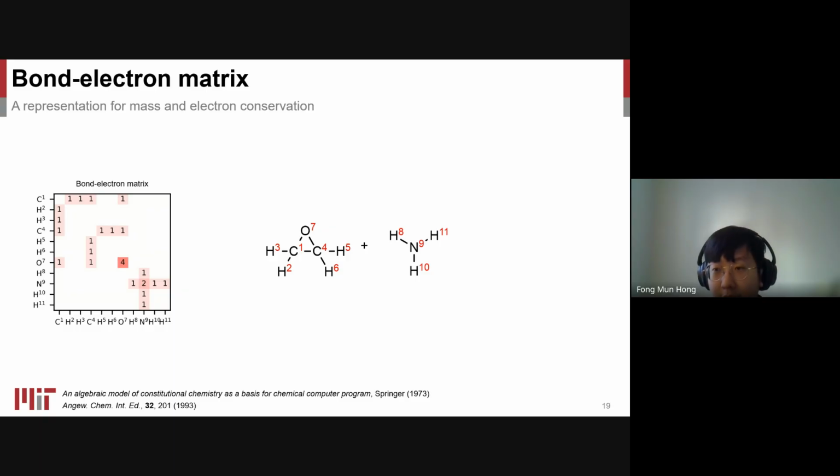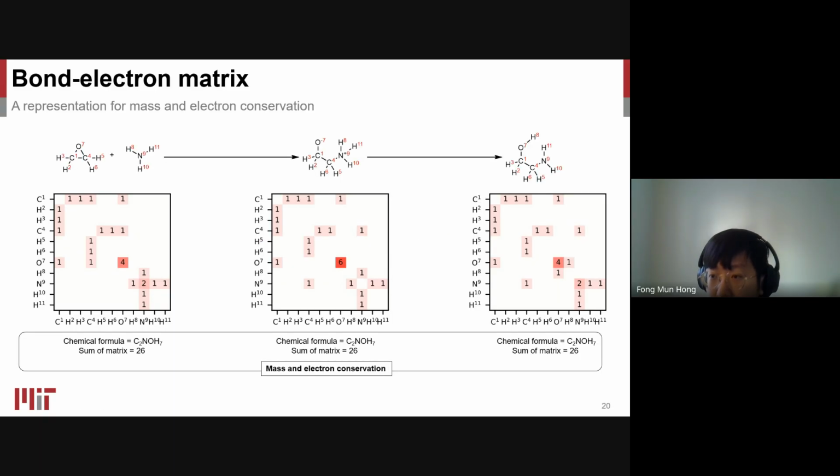And with this bond electron matrix formulation, we can actually do mass conservation just based on this representation. Going from the reactants to the intermediates to the product, this is a nice formulation where we can move from one end to the other, where we just have to compute the delta B matrix to go from A to B, B to C, if that makes sense.